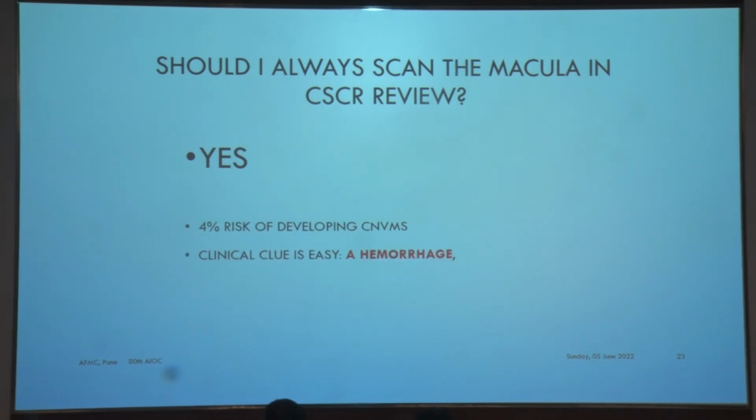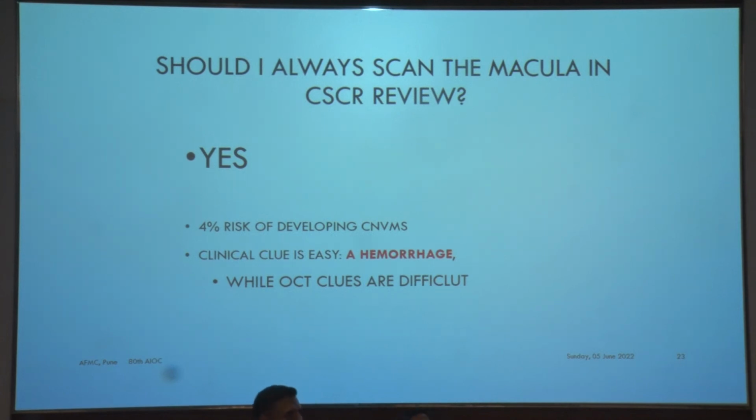Because all said and done, CSCR does have about a 4 to 5% chance of developing CNVMs. Though the clinical clue of developing CNVM such as hemorrhage is very evident, by the time the patient is presenting with hemorrhage, it's quite late, and we would rather diagnose it early if the CNV is existing, and treat it at the right time.